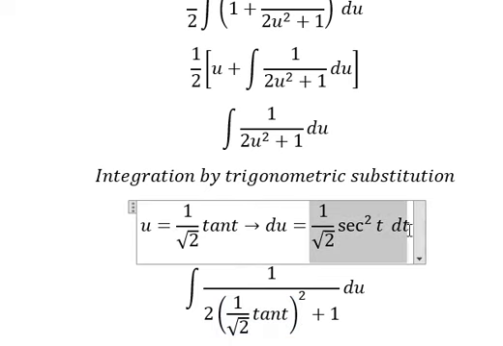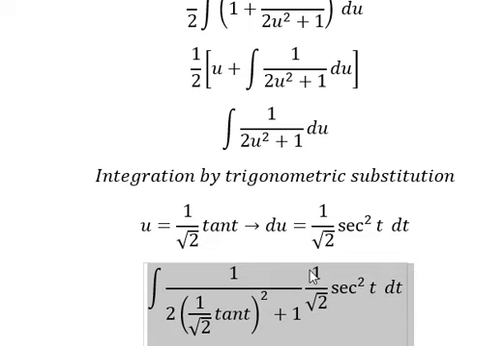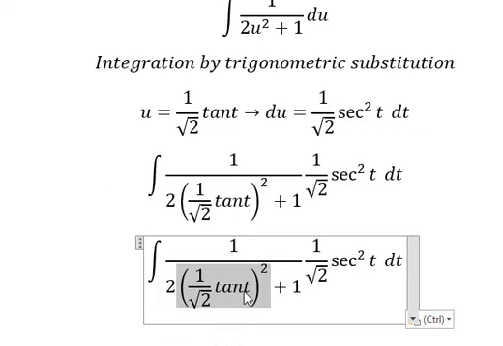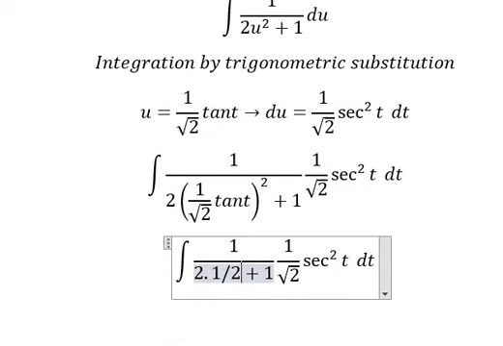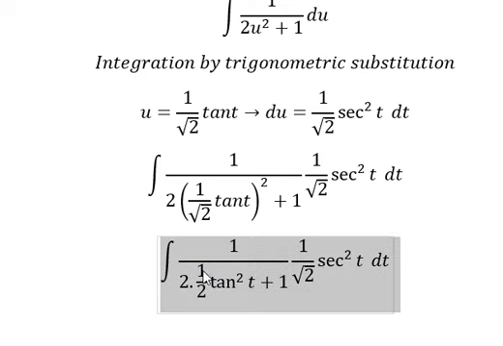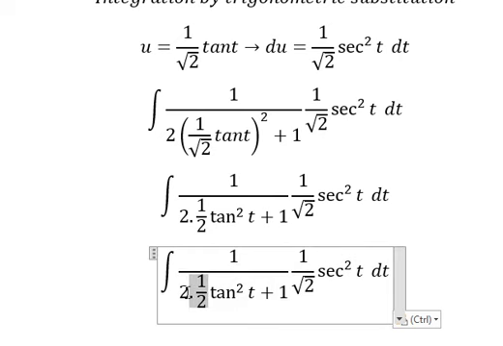Du we change for this one. So this one we change for 1 over 2 tan t square. Number 2 multiplied by 1 over 2, they will simplify.